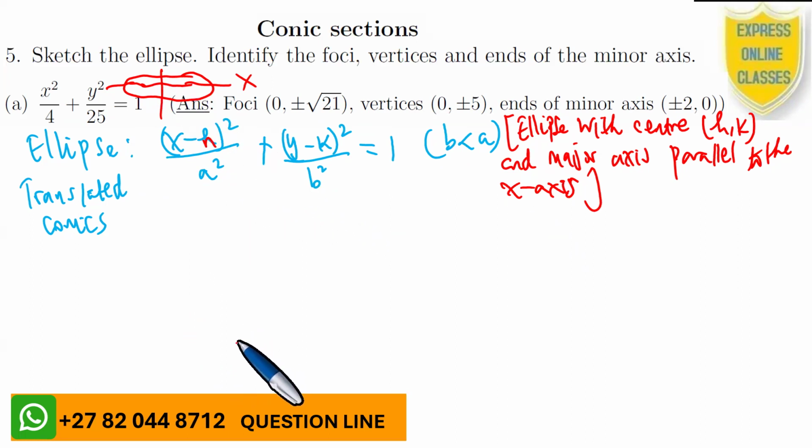Okay, we're discussing properties of the ellipse.